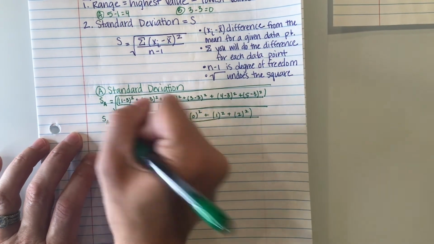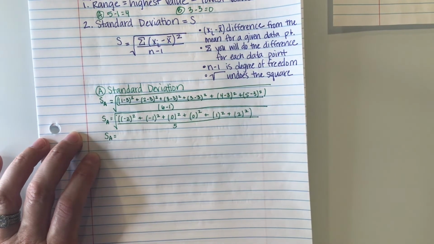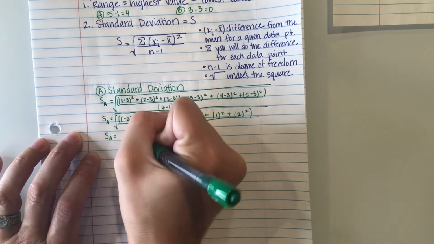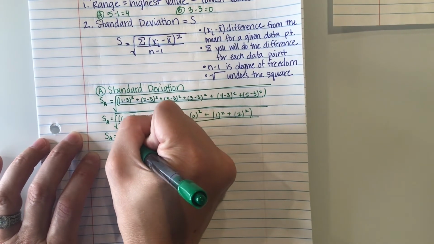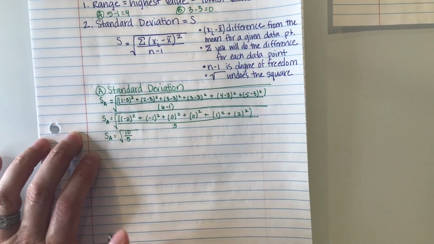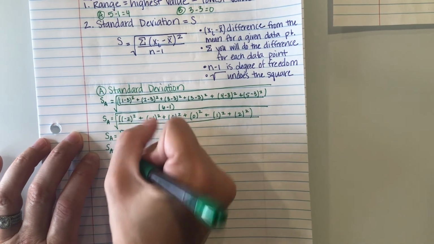So when I simplify this again, I get that the standard deviation of group A is going to be the square root of 10 over 5, which means that 10 divided by 5 is 2.